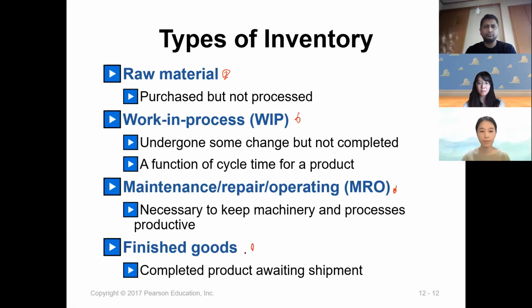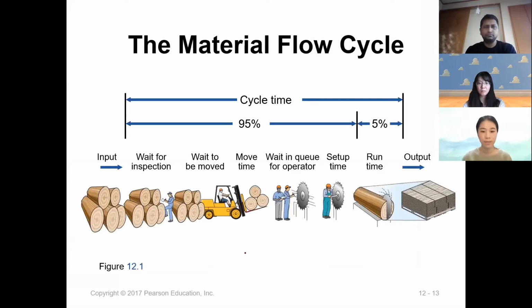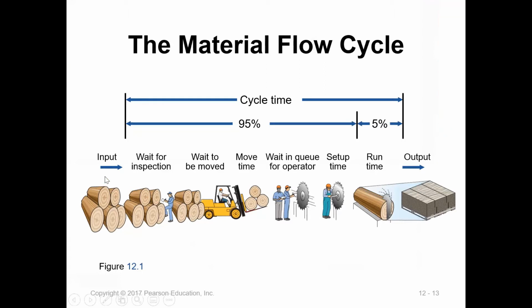So in this topic, I showed you the material flow cycle. And I asked you, for example, where is the raw material, work in process, or the final product in this cycle.